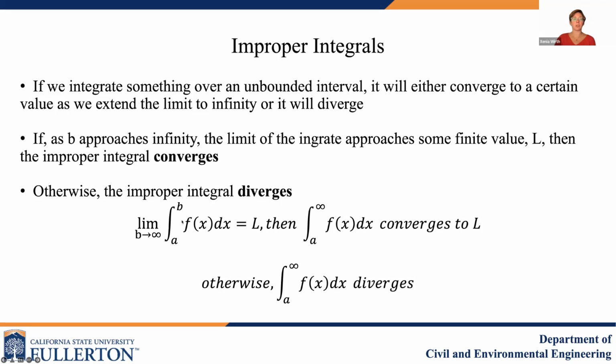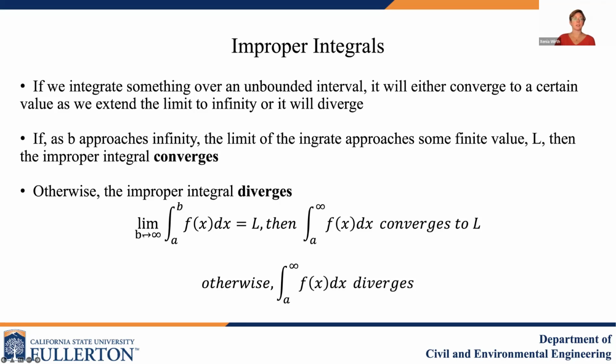So what we do here is we take the limit as b approaches infinity of the integral from a to b of whatever function we have. If we have a function that has infinity as an integration limit, instead of trying to apply that definite integral with infinity as an integration limit, we put a placeholder variable b in there.